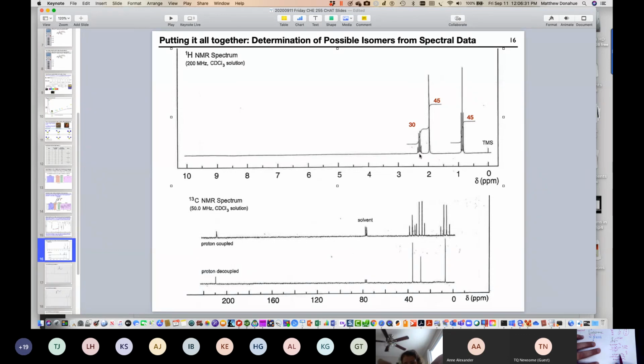If we said that the peak at 2.5 belonged to the CH2 group here, see how that CH2 group is next door to this carbonyl? See how this CH3 group is next door to that carbonyl? So the peak at 2 must be carbon 1. And then the peak at 0.8, this peak, must belong to carbon 4 then.